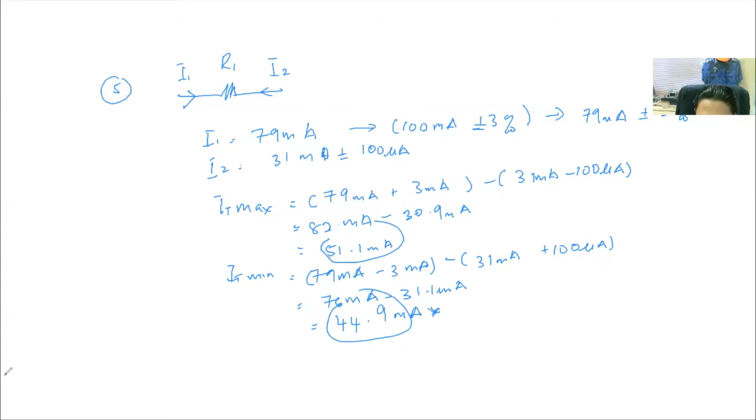We have 10 resistors, each of 1 kilo ohm, plus minus 0.05%. We have 10 resistors, each of 100 ohms plus minus 0.1%. And the last one is 10 resistors, each of 10 ohms plus minus 0.5%.